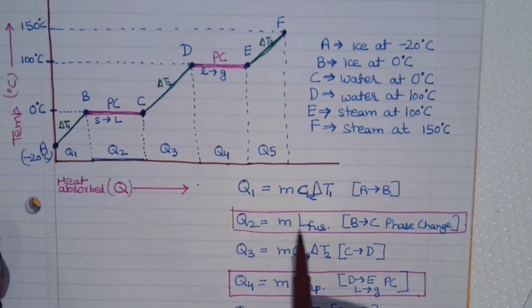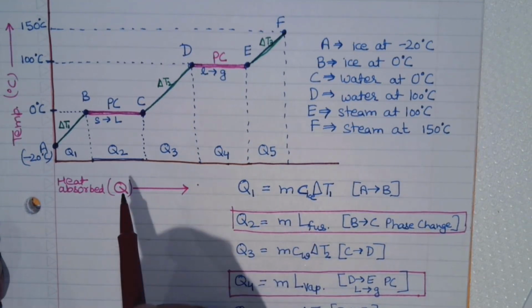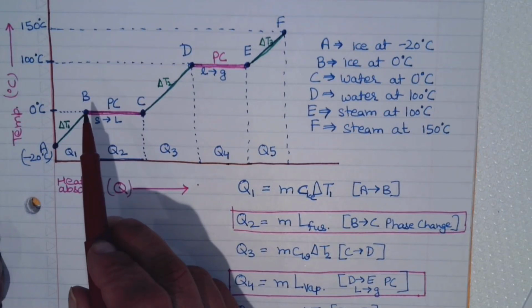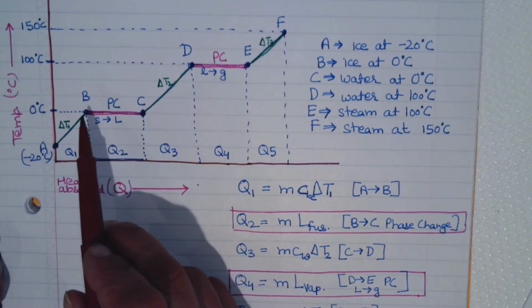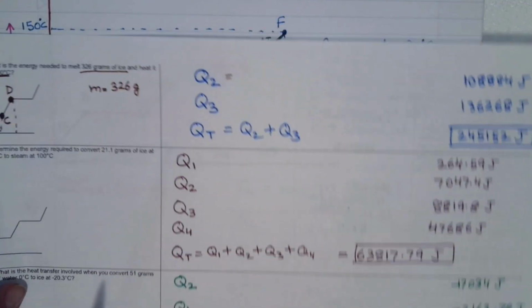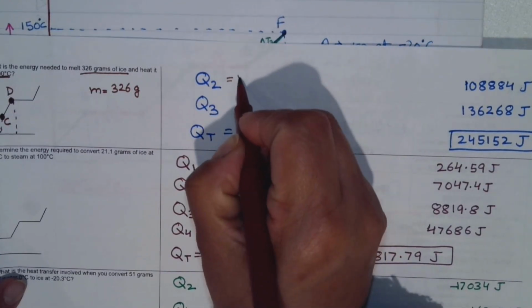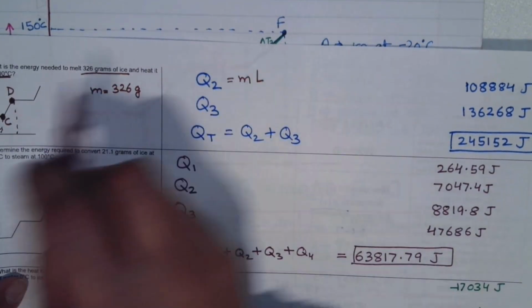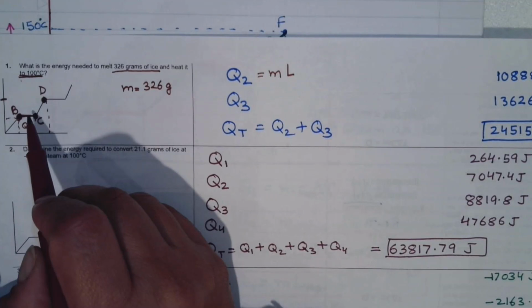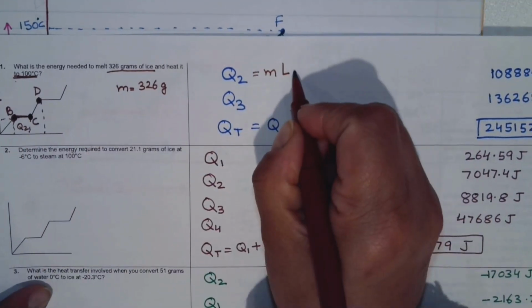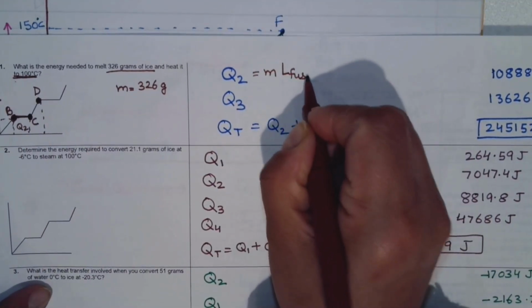So that is Q2. We will use m times latent heat of fusion from B to C. Okay, so let's write down the equation. Q is ml. Since this phase change is melting, we're going to use L fusion.